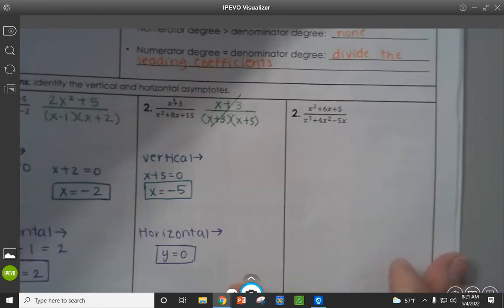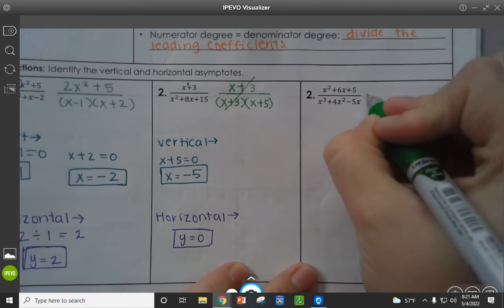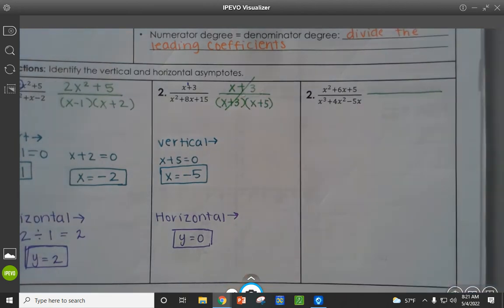And let's look at number 2. Start by factoring it. How does the numerator factor?